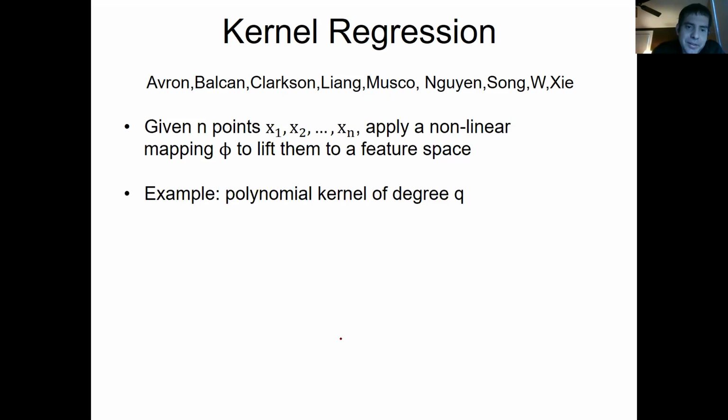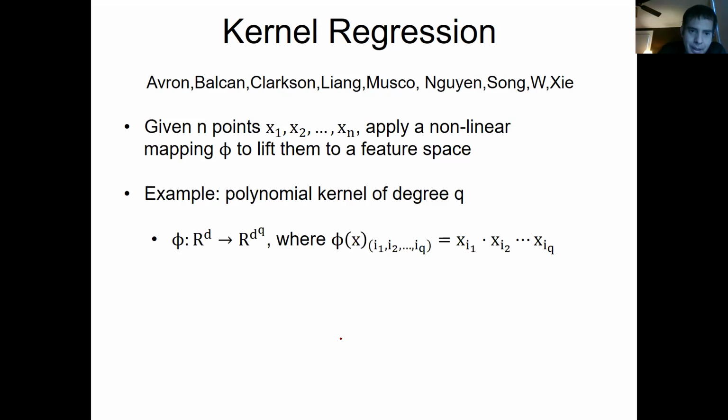Okay, so here is an example, the polynomial kernel of degree q. And here's the mapping. I have some point in R to the d, and I'm going to lift it to some super high dimensional space, a d to the q dimensional space.